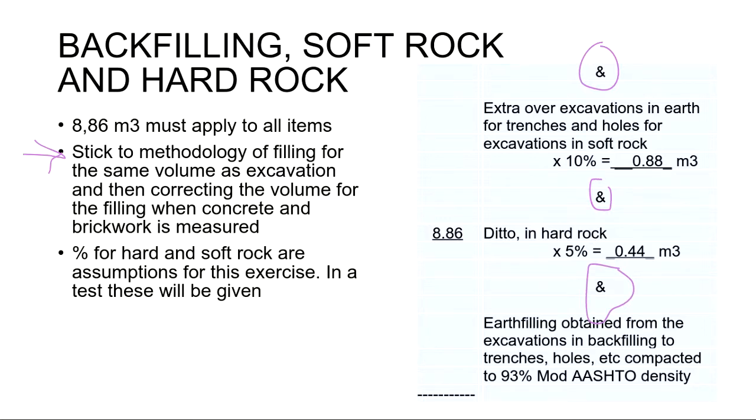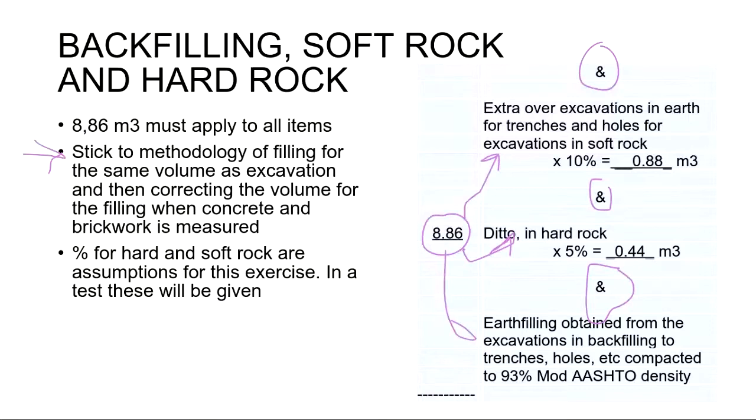And as my first note is saying over here, I can only combine these descriptions this way if it is true that the 8.86 cubic meters really fits. Is it true that I want to use it for the soft rock, that I want to use it for the hard rock, and that I want to use it for the backfilling?